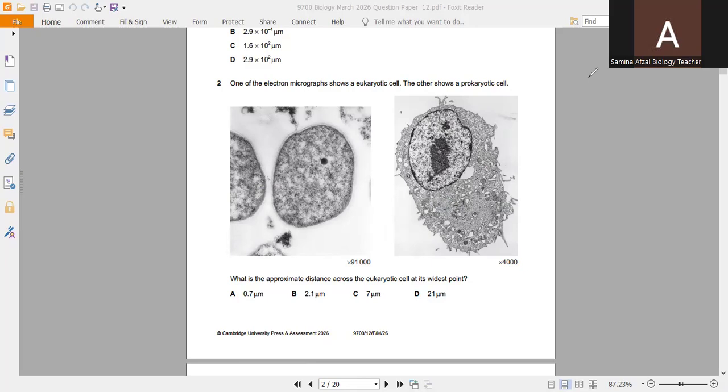The cell on the right side is eukaryotic, and this one is the prokaryotic.